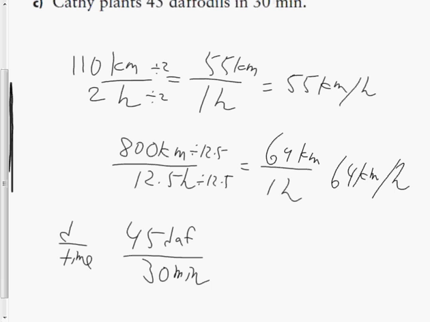Which seems to be the most reasonable time unit to use for my unit rate? Hours is correct. Most of you probably went down to minutes, but you would have had 1.5 daffodils a minute, which really doesn't make sense because you can't plant half a daffodil a minute. It'd be much more reasonable to look at it as being 90 daffodils per hour. That's the rate of speed she plants daffodils. She can plant 90 daffodils per hour.